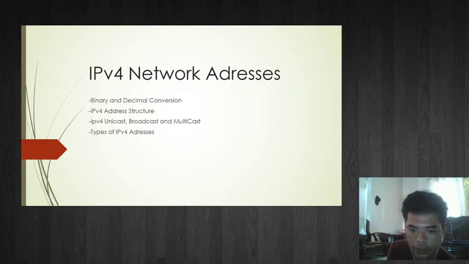To identify the network and host portions of an IPv4 address, the subnet mask is compared to the IPv4 address bit by bit, from left to right, as shown. The ones in the subnet mask identify the network, while the zeros identify the host portion.